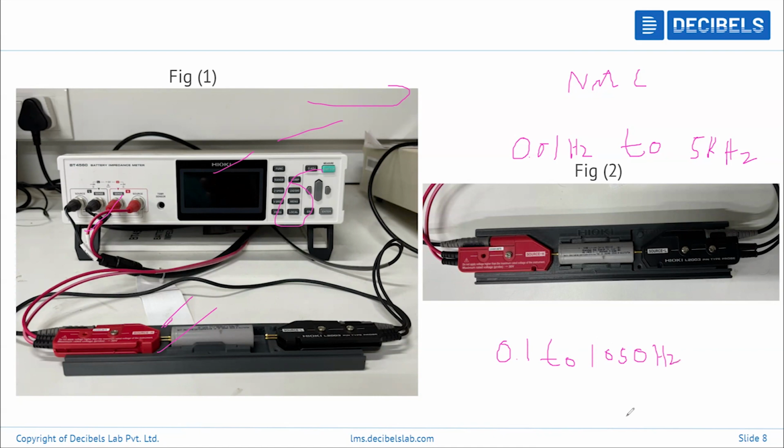Okay. So the two elements, one is inductive behavior and half of the electrolyte resistance. And then there is the other one, the Warburg impedance. Those things are captured at ultra high frequencies and ultra low frequencies.